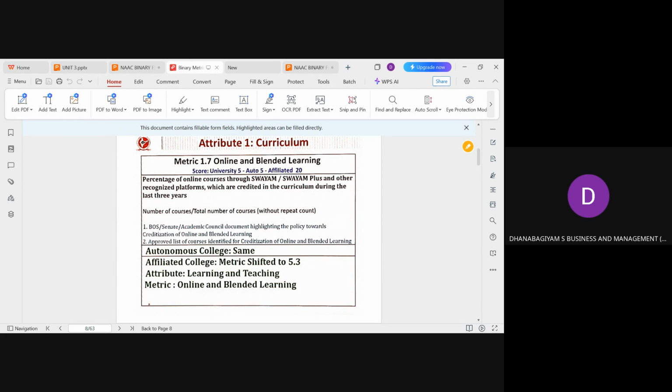We have various online courses, like financial courses and even advanced Excel. Likewise, many analytical courses are available. At free of cost, we can ask the students to enroll in these courses.